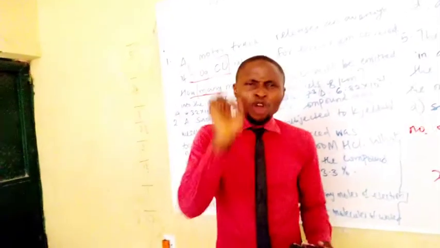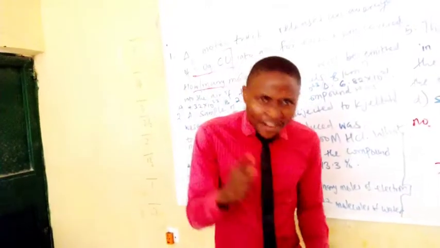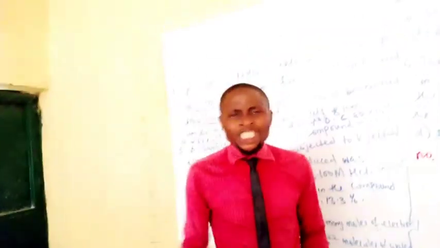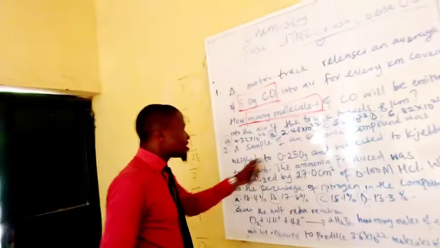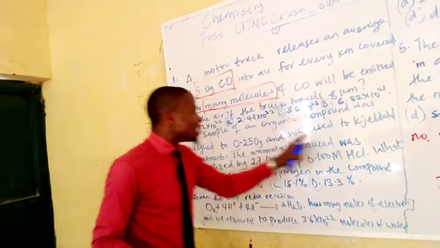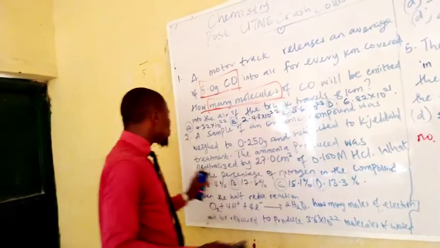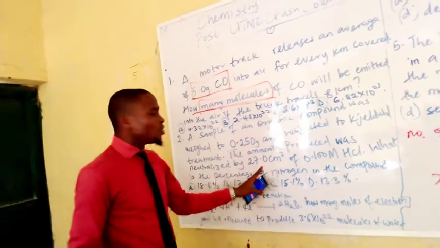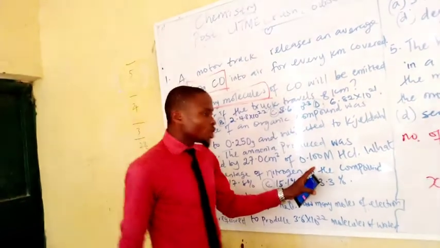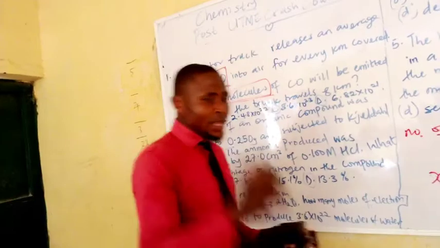But the objective of the Kjeldahl method is to measure quantitatively the amount of nitrogen in organic and inorganic compounds. So the question is, a sample of an organic compound was weighed to this mass and subjected to Kjeldahl treatment. The ammonia produced was neutralized by this volume of 0.1 molar HCl. What is the percentage of nitrogen in the compound?